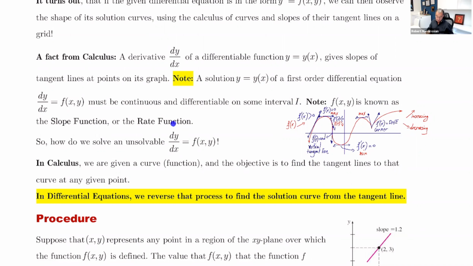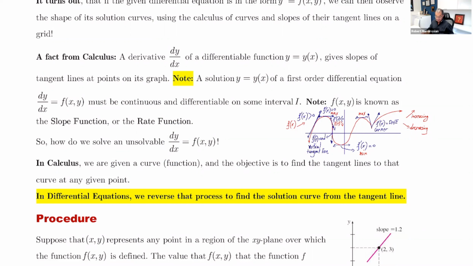However, we know we have the slope of the tangent line, so we can calculate the slope of the tangent line at any point. If it's positive, we know that the function is increasing, and if it's negative, we know it's decreasing. And if it's 0, then we know we're going to have a max or min.